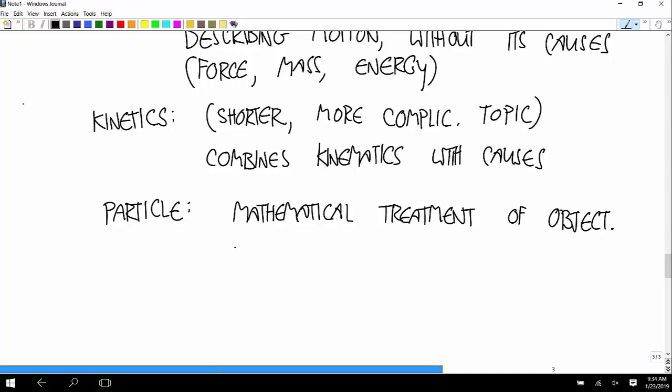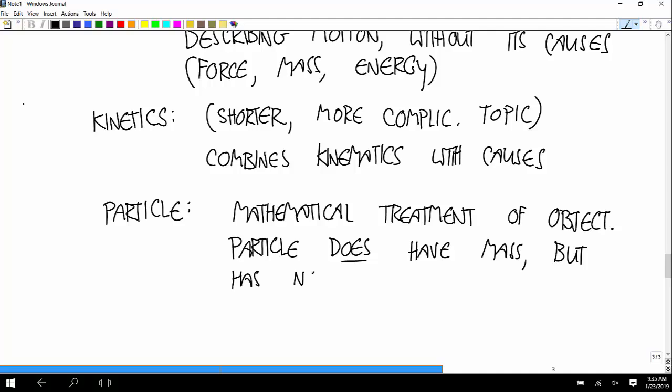A particle does have mass, but has no length dimensions or orientation.